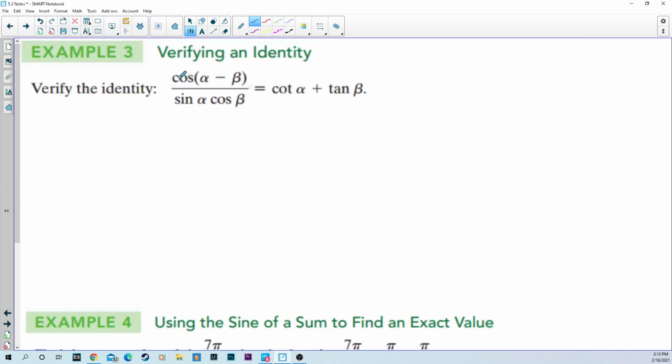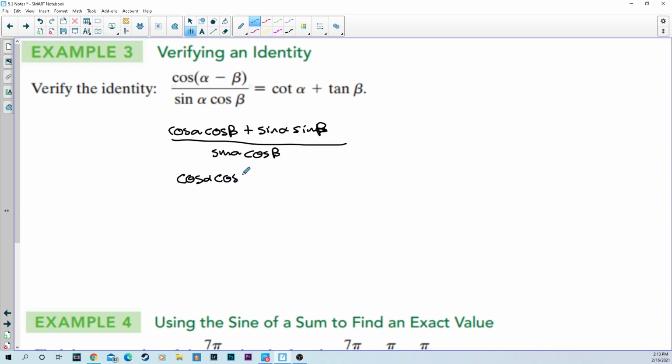Verifying an identity. Let's use the formula for the angle addition for cosine. So on top we have the cosine of alpha, cosine of beta, plus sine of alpha, sine of beta, over sine of alpha, cosine of beta. Let's use reverse common denominator.